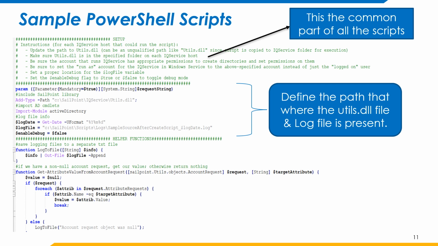In setup, we will be defining the path where the utils.dll file and logger file are present in the server. In Add-Type, we will be adding where exactly the IQ service utils.dll file is present, and we are adding the logger file where the logger file path is present in the server.